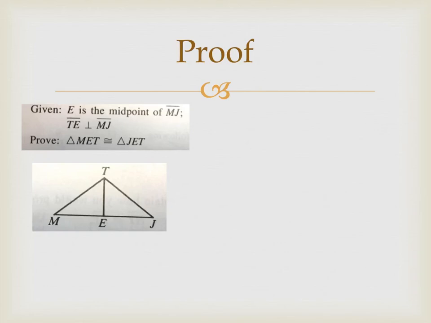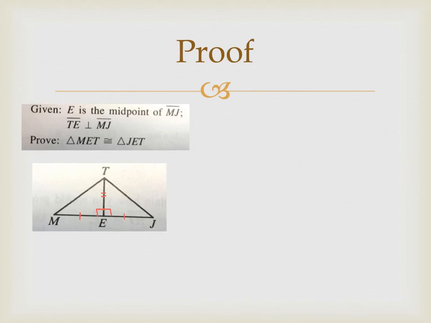E is the midpoint. So these two pieces are congruent. And TE is perpendicular to MJ, which means that's a right angle, and this is a right angle. As I look at my picture, I notice that TE is in both triangles, so I'm going to mark that as congruent to itself.